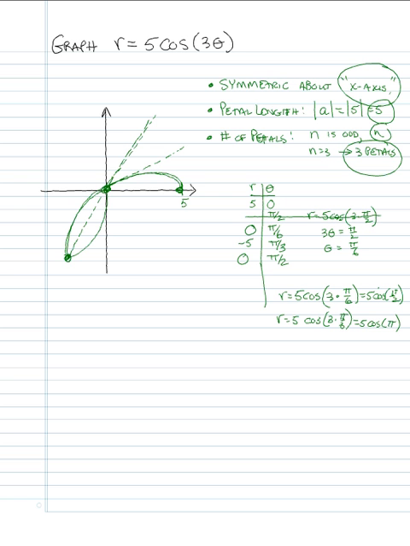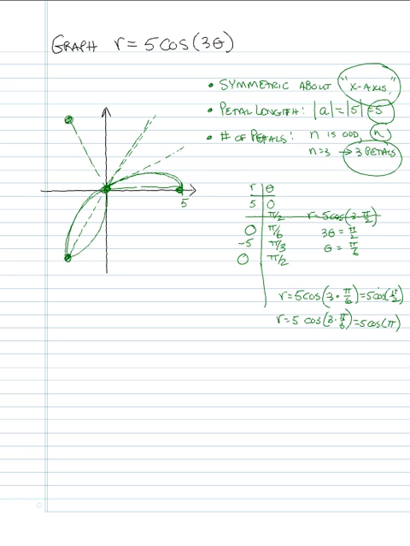There's 360 degrees. 360 degrees divided by 3, they're 120 degrees apart. So that means in radians, they're 2 pi over 3 radians apart. Well, we know where this petal started. 2 pi over 3 would be an angle about like this. So right here, 5 units out, is the end of that other petal.